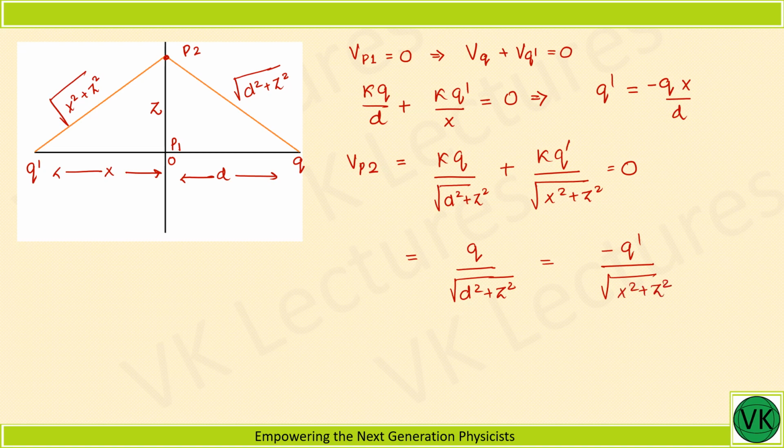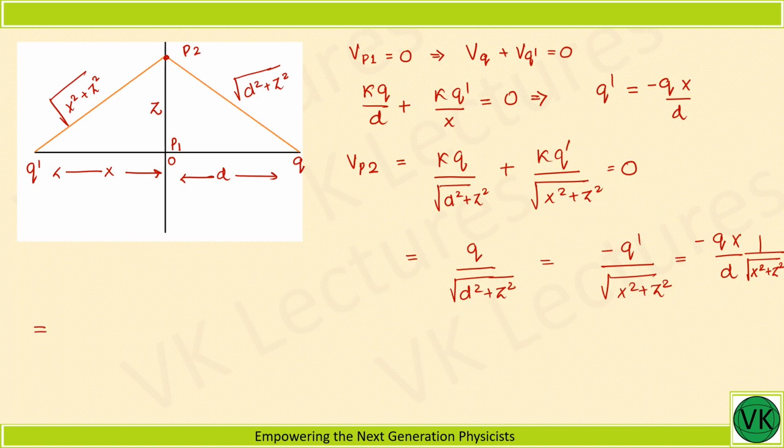Now what is Q dash? Q dash is nothing but minus Qx by D. So minus Qx by D into 1 by root of X square plus Z square.